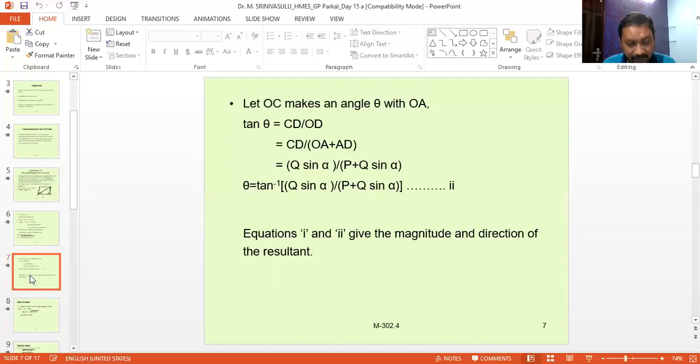This holds good for any two coplanar concurrent forces acting on a body with some included angle between them, to find the magnitude and the direction of the resultant.